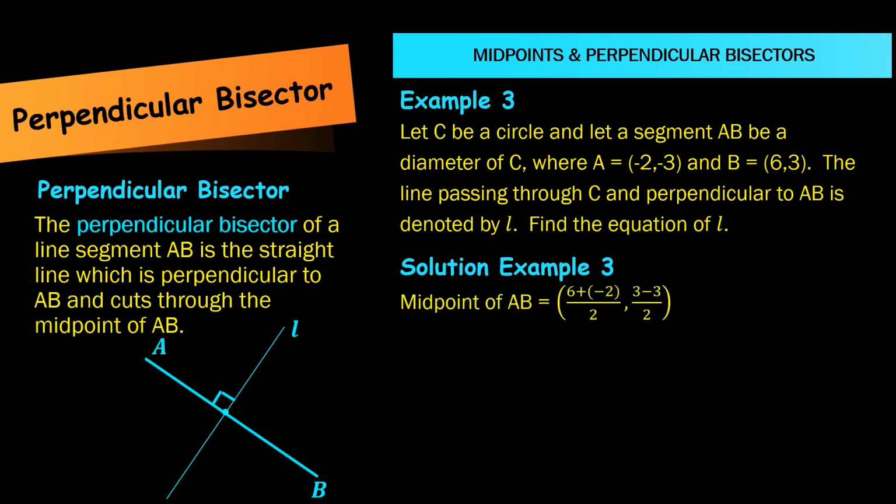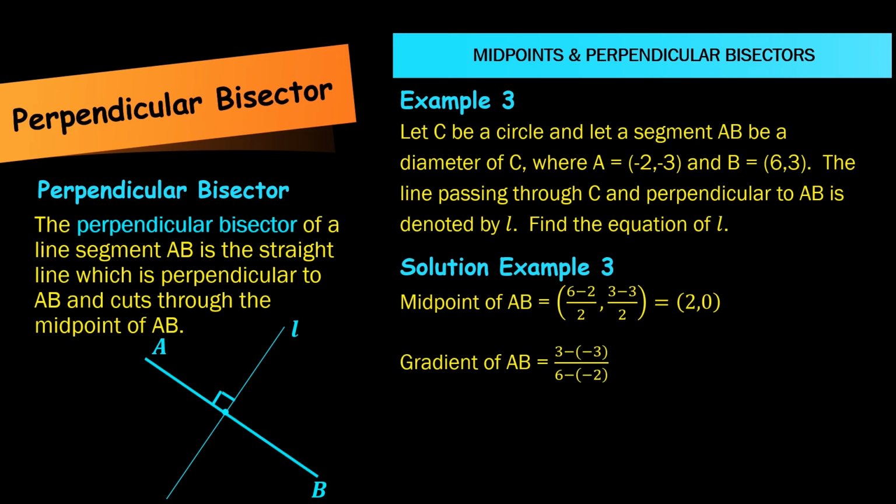The midpoint of AB equals ((6 + -2)/2, (3 + -3)/2). This is, of course, (6 - 2)/2 and (3 - 3)/2. So we have that the midpoint of AB equals (2, 0).